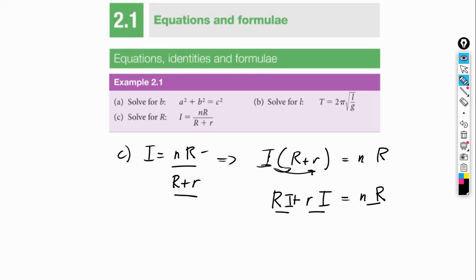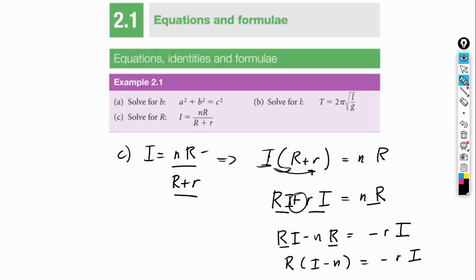So we're going to get capital R times I minus n times capital R is equal to negative, because it's positive on this side, negative small r times I. Then we need to factor out R here. Notice that we can rearrange this expression to the left as R times (I minus n) is equal to negative small r times I.